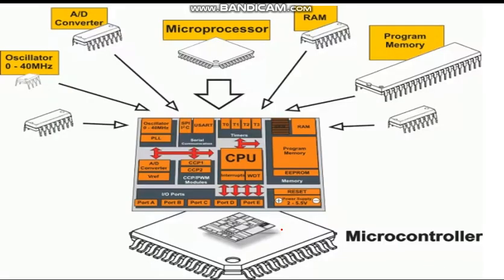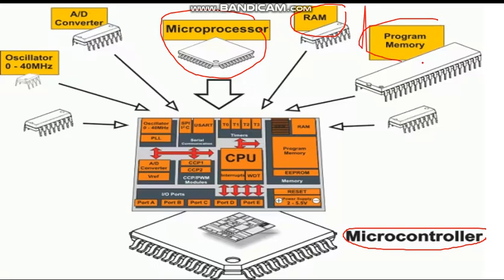If you see this diagram, the microcontroller IC has inside it a CPU along with RAM, ROM, that is called program memory, ADC and DAC with oscillator and timer plus IO ports.